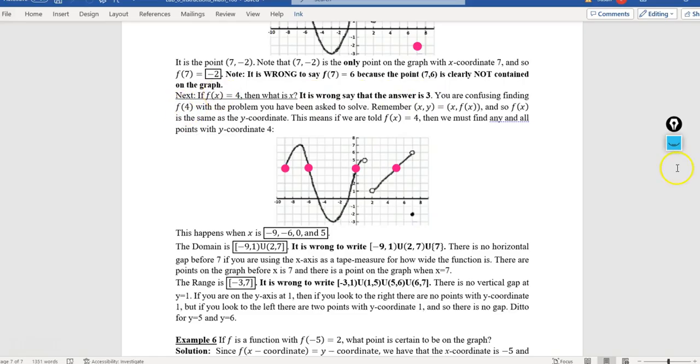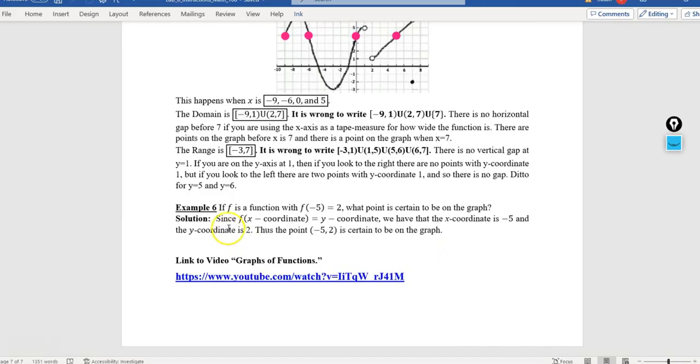That's not what you've been asked. So the y-coordinate is equal to 4. f of x is equal to 4 when the x-coordinate is equal to -9, -6, 0, and 5. The x-coordinates of those points.